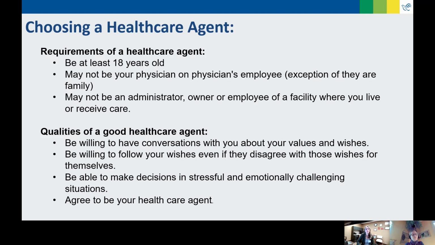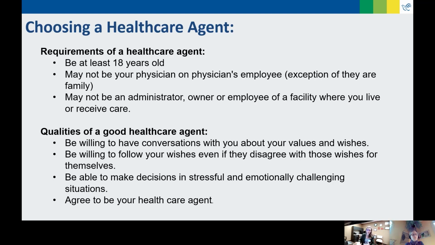The second quality of a good agent would be someone who would be willing to follow your wishes, even if they disagree with the wishes for themselves, or they would have different wishes for you. A good example of this is we oftentimes see families where their loved one doesn't want to receive CPR or some sort of treatment, but the family really wishes something different.